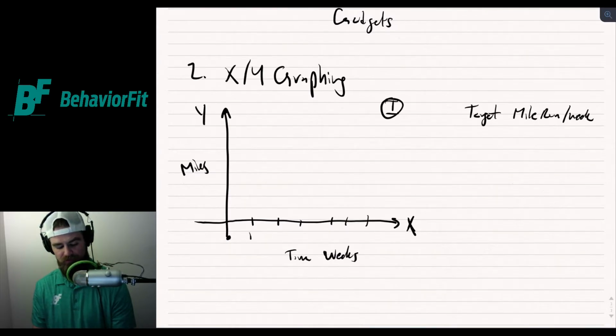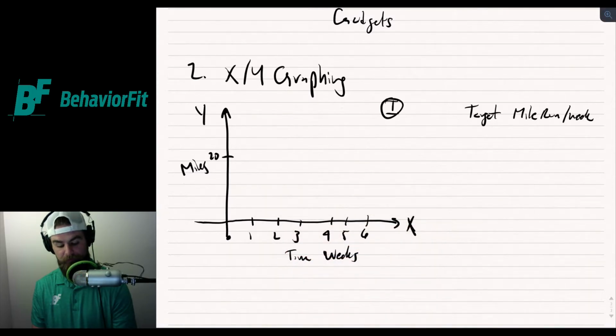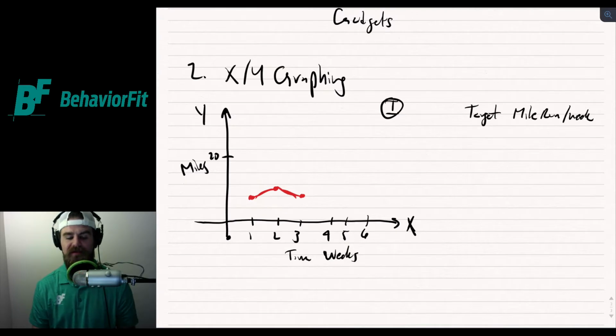Then you can have week 1, week 2, week 3, week 4, 5, 6, and so on. So let's put a number up there of 20 miles per week, and then we just start taking the data, right? Say week 1, we have 5 miles, week 2, we got 6 or 10, whatever it is, and maybe week 3, we're going down. So we just stop here, and we'll come back to this chart later.